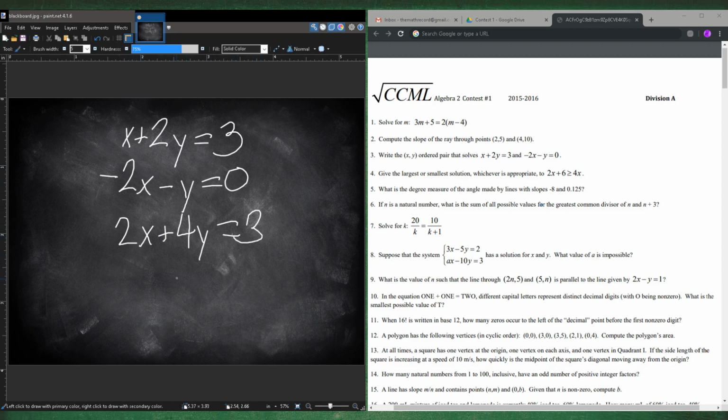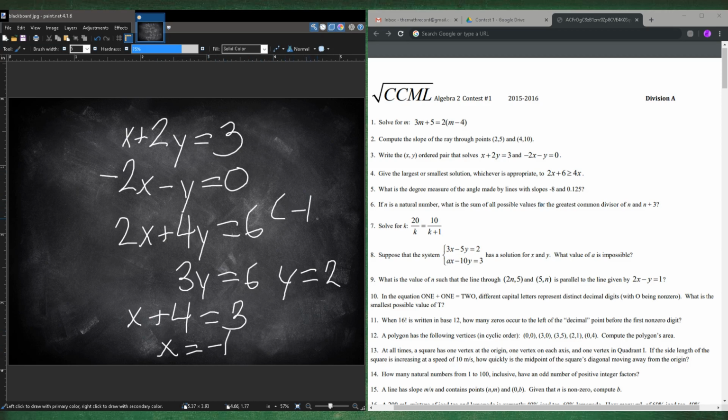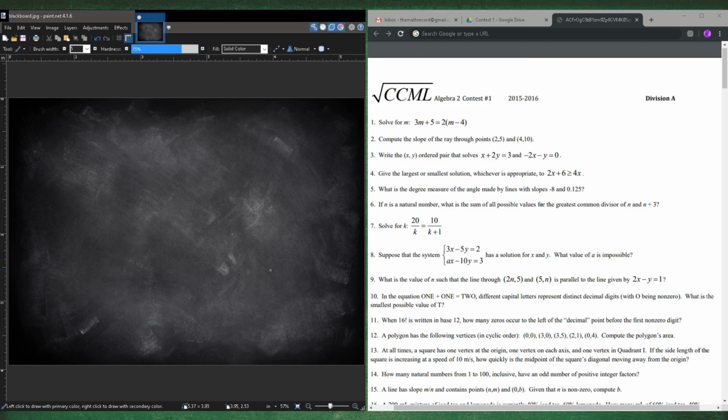So then when you add them together, negative 2x and 2x cancel out, and you get 3y is equal to... Oops, sorry, I forgot to multiply the 3 by 2. That makes 6. And then you get 3y is equal to 6, so y is equal to 2. Plug y equals 2 into the first equation, so you get x plus 4 is equal to 3, and x is equal to negative 1. So the answer is negative 1, 2. Basically that simple. Just a simple system of equations question.